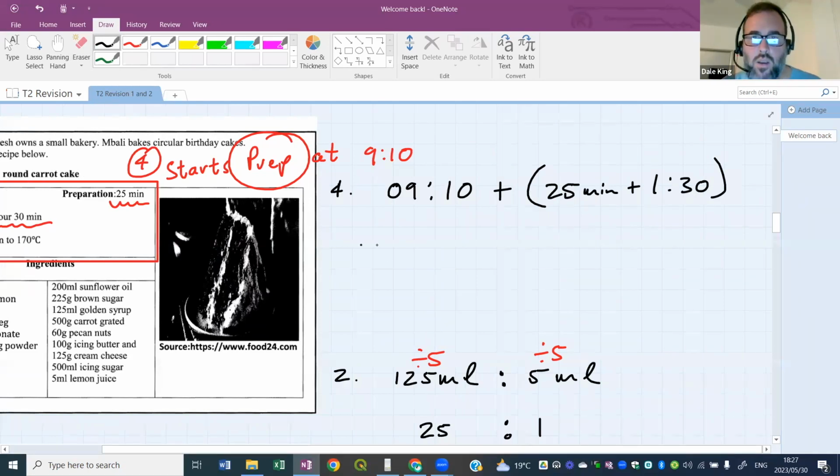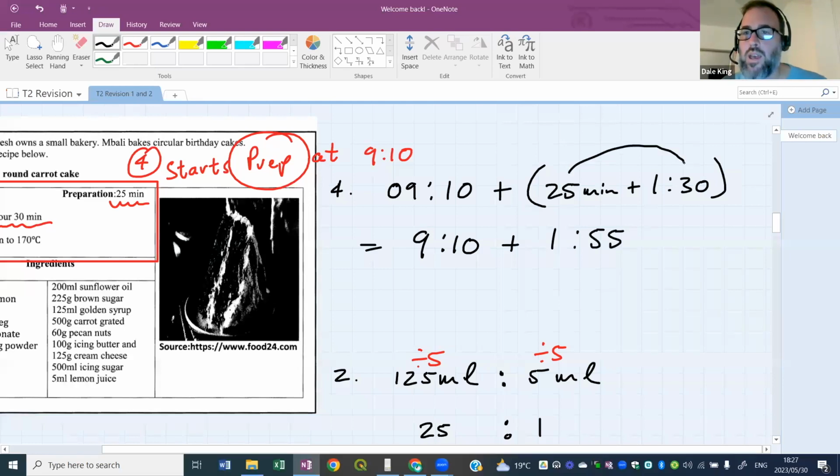Now I'm going to go back to this bracket. And 25 minutes and an hour 30 gives me an hour and 55 minutes, because the 25 and the 30 make 55. Now I'm going to come to this sum here. The first thing I need to do is add the minutes, the 10 to the 55.